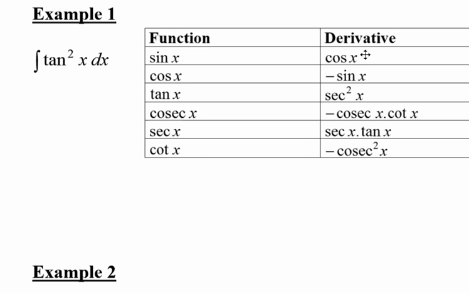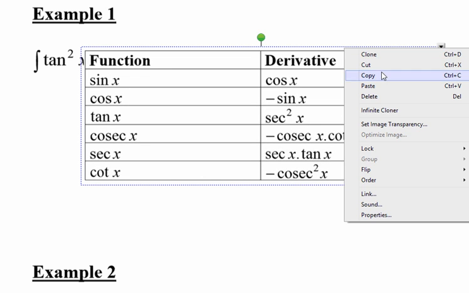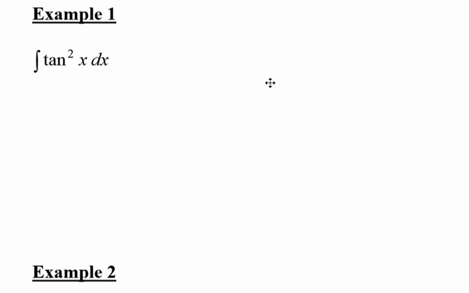Next line of call is, does it maybe fit one of the rules we've learned? For example, when we had to see the derivative times a composite function. Not really, because it has a power function, but we don't have a derivative. So because of that, let me just flip this table away, we know that we're going to probably have to use one of our identities. So we go and we have a look.